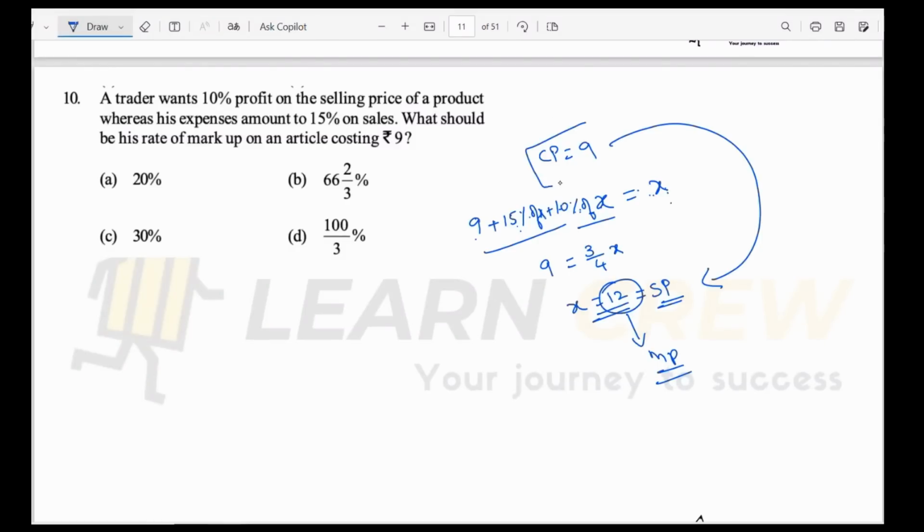On cost price, there should be a 1/3 hike. 9 becomes 12, meaning there is a hike of 3. 3 is what part? 1/3. 1/3 means how much percentage? 33 1/3 percent. So the markup should be 33 1/3 percent over cost price. So the answer is 33 1/3, meaning 100/3. Is it clear?